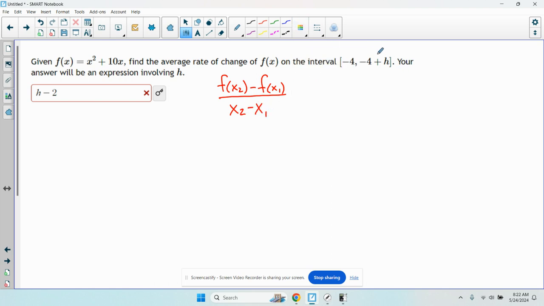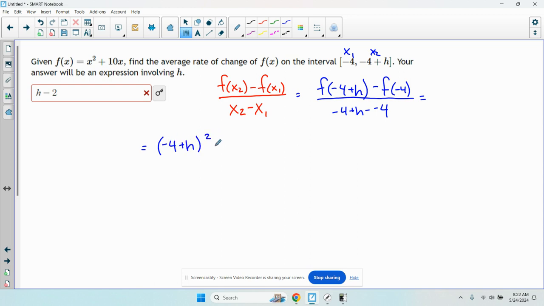So if we just let this be x2 and this be x1, we get f of negative 4 plus h minus f of negative 4 all over negative 4 plus h minus negative 4. So f of negative 4 plus h, this is going to get a little ugly, but this is negative 4 plus h squared plus 10 times negative 4 plus h, minus f of negative 4.